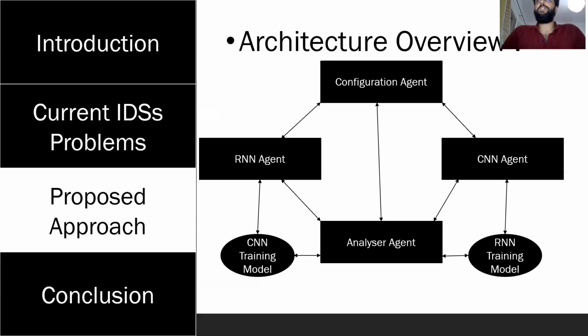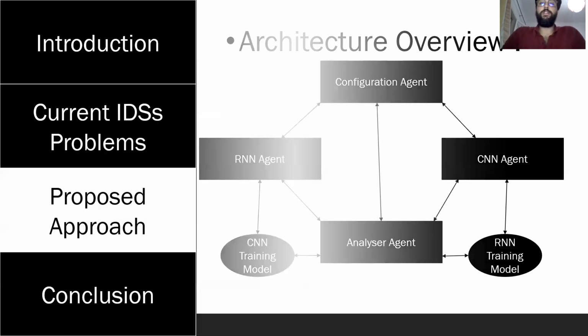After being notified that the pre-processing is finished, the CNN and the RNN agents begin their classification process to generate the models with the CNN training and the RNN training results. Then the analyzer agent can compare these two models to decide which one is better to detect from the network.